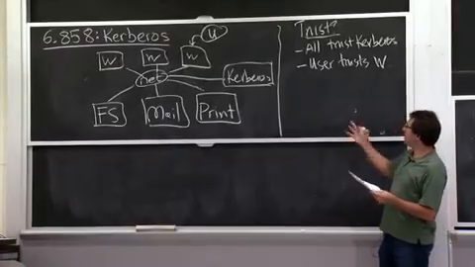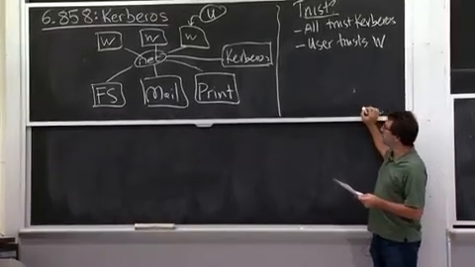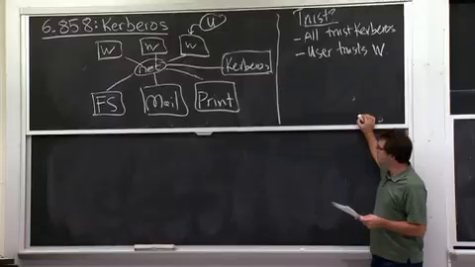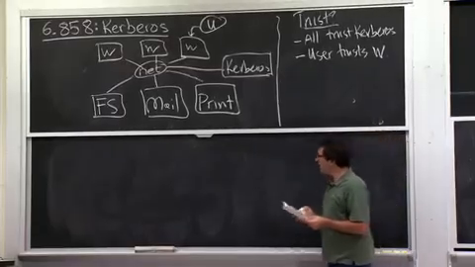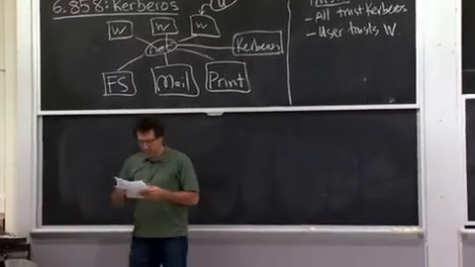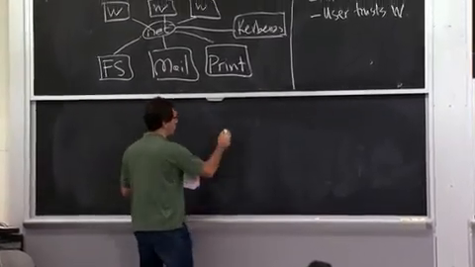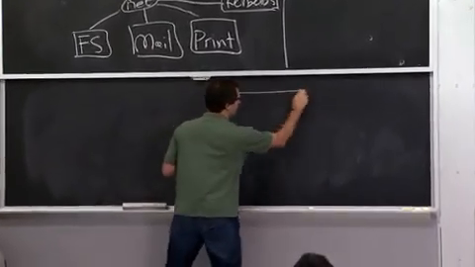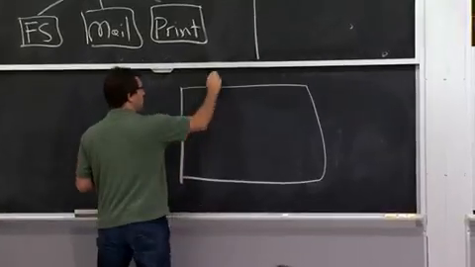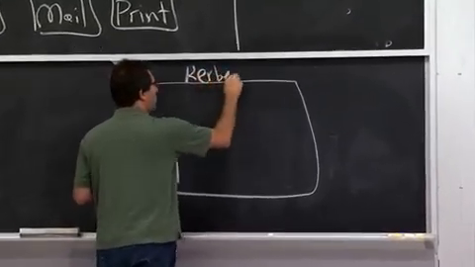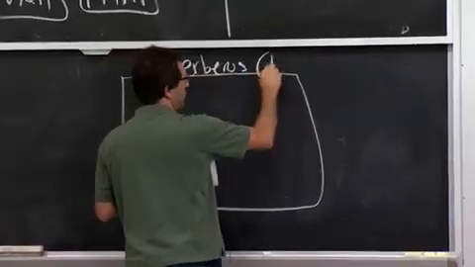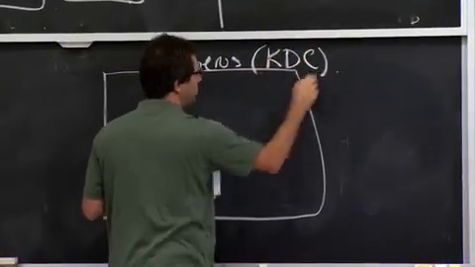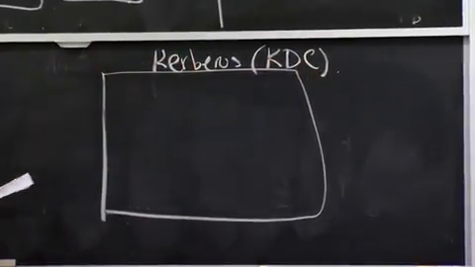All right, so let's look at how does Kerberos work, or what's the overall architecture at least. So the plan these guys had in mind is that there would be this Kerberos server we had drawn up there, but let's draw it in a slightly bigger scale. Right, so this is this Kerberos server. And today it's typically called KDC, Key Distribution Center.